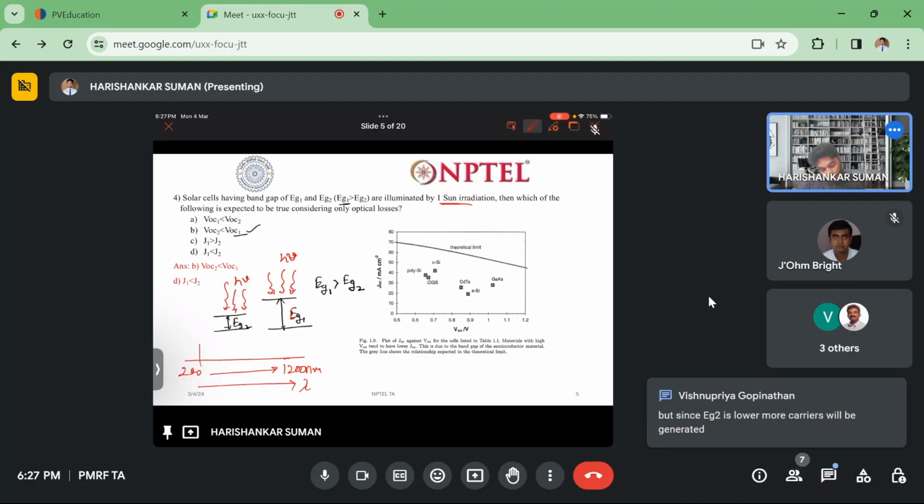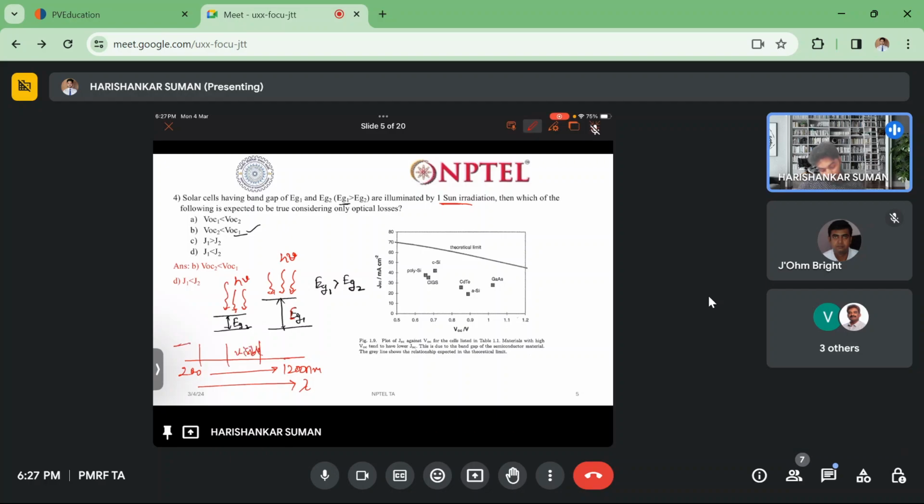A spectrum of light: visible, X-ray, infrared. Which one gets more light, Eg1 or Eg2? Eg2.